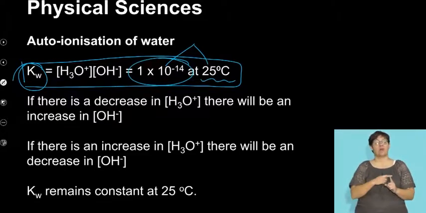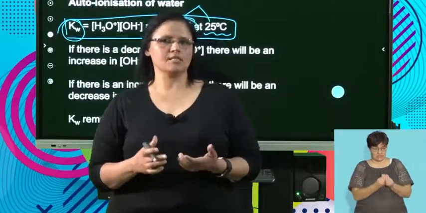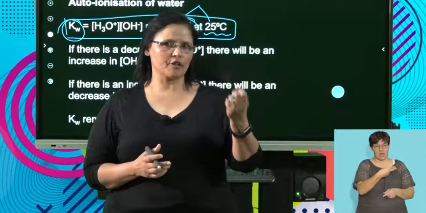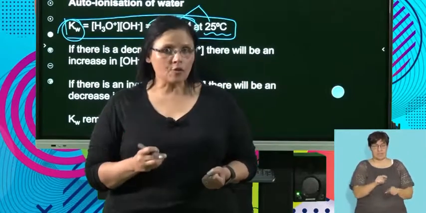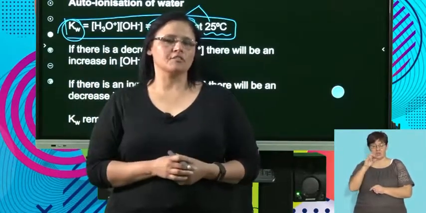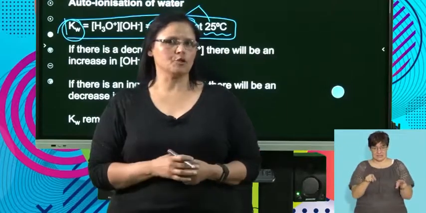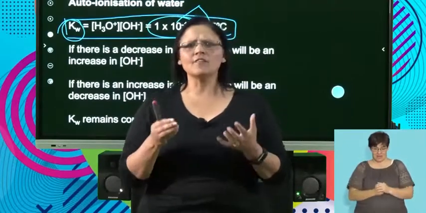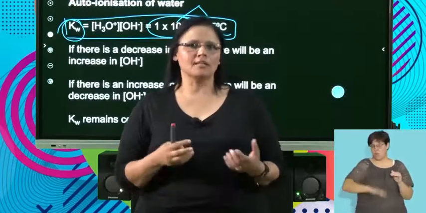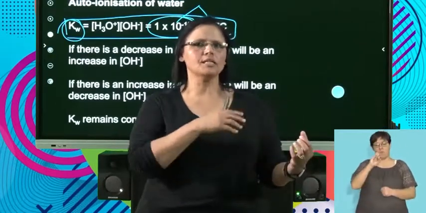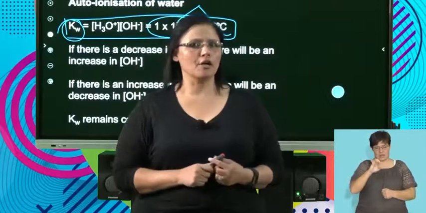The constant actually says that for a neutral substance like water, the hydronium ion concentration is equal to the hydroxide concentration, and that is equal to 1 times 10 to the power minus 7. It's a very, very low value, but that is because water wants to stay in molecule form instead of being in ionic form.